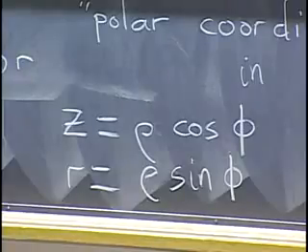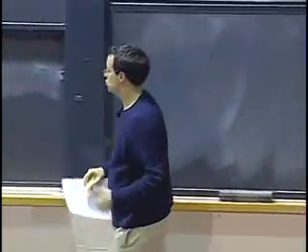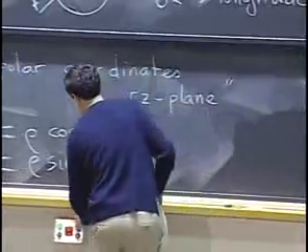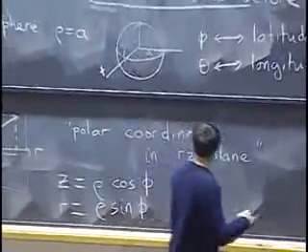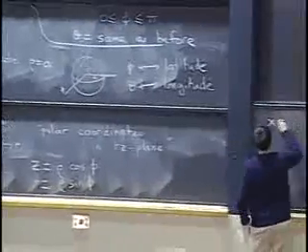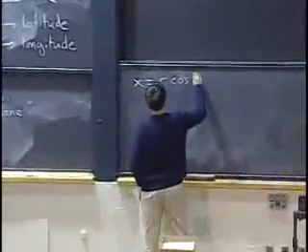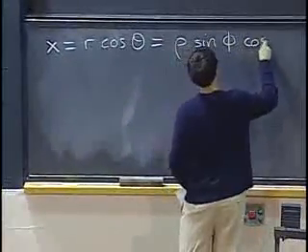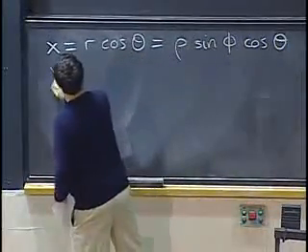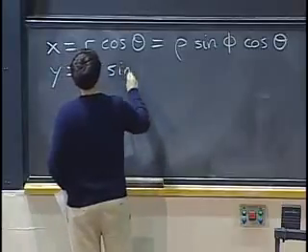And of course, if you remember what x and y were in terms of r and theta, you can also keep doing this to figure out x. So x is r cos theta. That becomes rho sine phi cos theta. y is r sine theta.